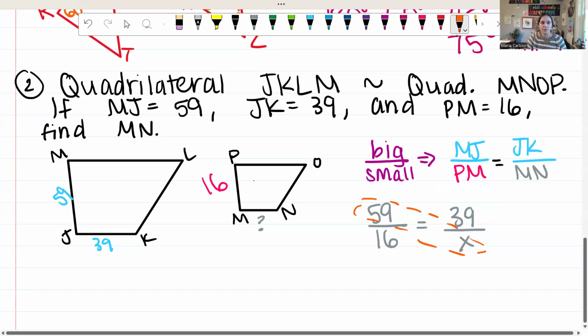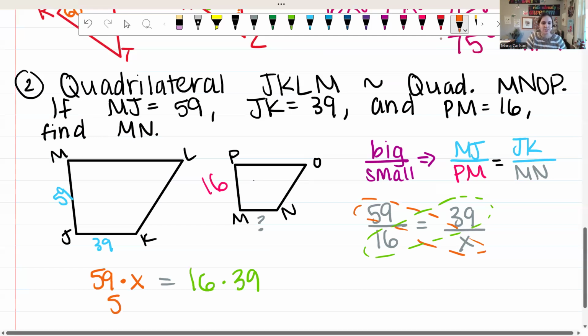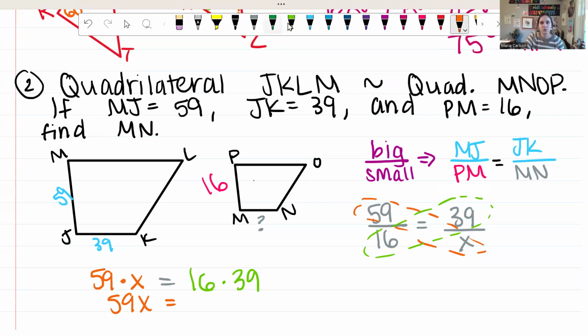So I'm going to multiply 59 times X, and that is going to be equal to 16 times 39. So 59 times x is just 59x. And 16 times 39, let me make sure, is yes, 624.